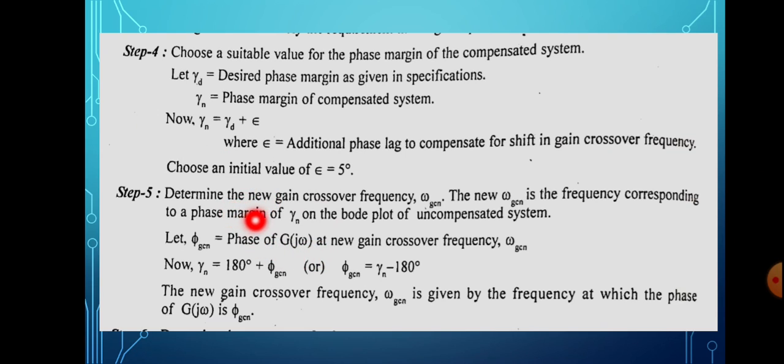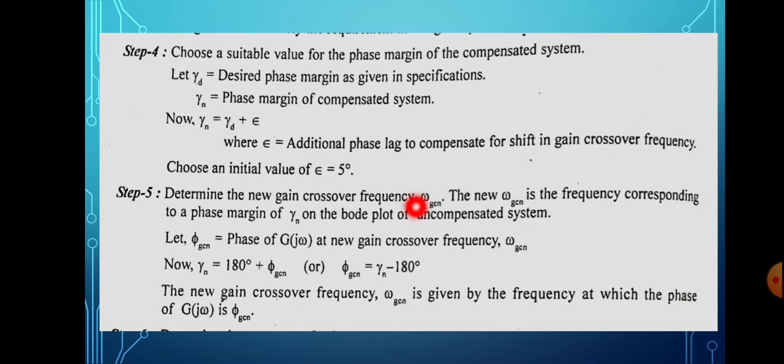In this step, you have to determine the new gain crossover frequency, omega GCN. Once you get gamma n, there will be a corresponding gain crossover frequency. The new omega GCN is the frequency corresponding to the phase margin gamma n on the Bode plot of the uncompensated system. Now you have a Bode plot corresponding to the uncompensated system, so you mark omega GCN corresponding to this gamma n on that Bode plot.